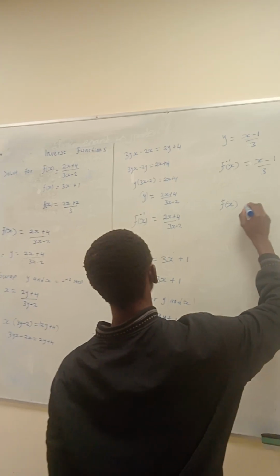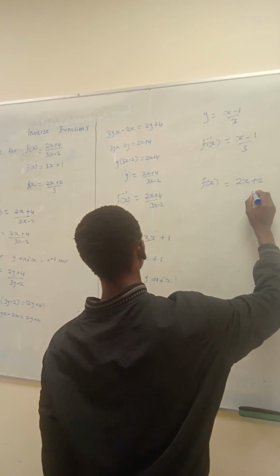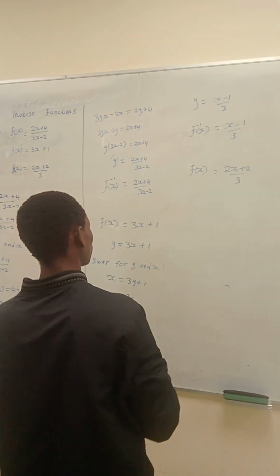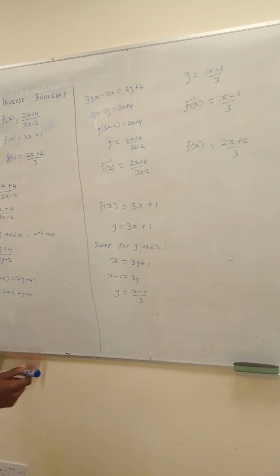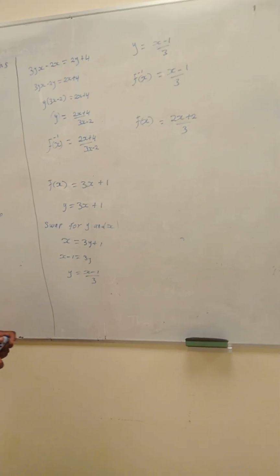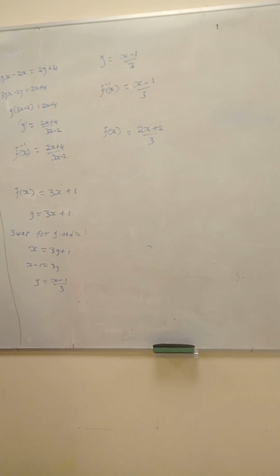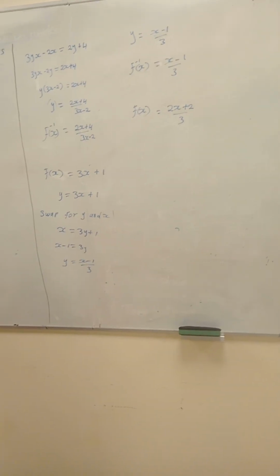The similar steps can also be followed to solve the third equation, where f of x is equal to 2x plus 2 all over 3. This one, we also follow the similar steps: step 1, we substitute y for the function of x, then we swap the values of y and x, then we solve by factorization or grouping, then you get the final answer.